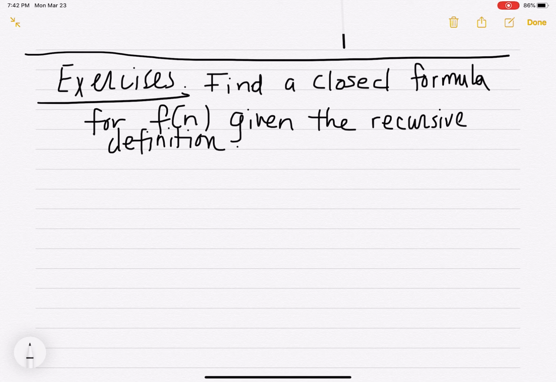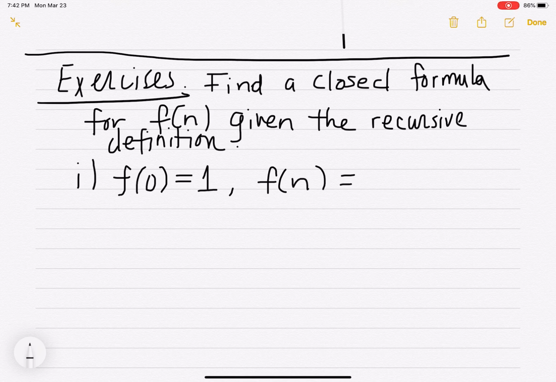So we're going to have a sequence that's recursively defined, and we want to find, how do you immediately find the nth term, a closed form? So recursively we have a sequence f of 0 is 1, that's an initial term, the 0th term is 1, and the nth term in general, f of n, is defined to be minus f of n minus 1. This is for n greater than or equal to 1.